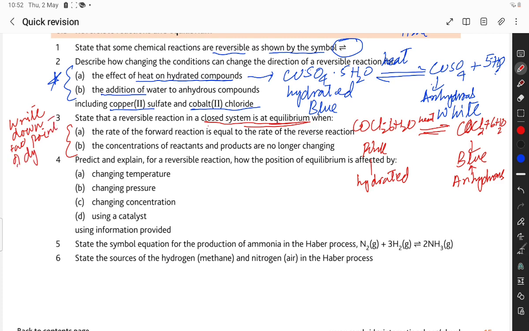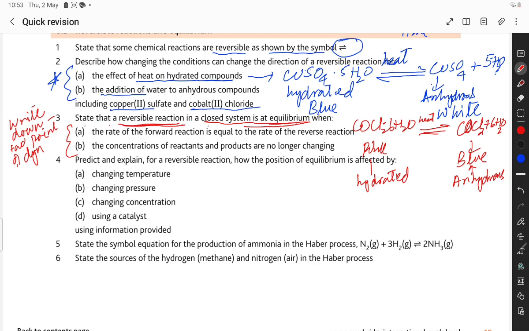A reversible reaction is a reaction which takes place in a closed system, and this is the definition of a reversible reaction. And write down what dynamic equilibrium is.